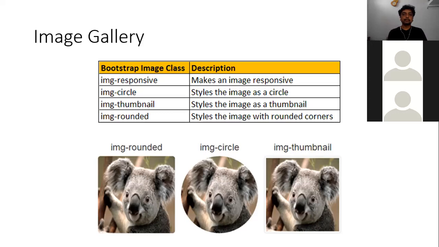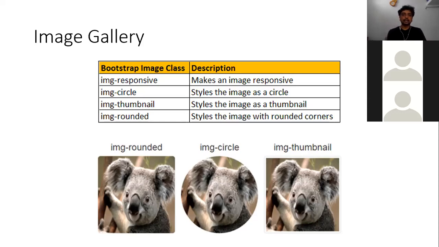If you don't make the image responsive, then image cropping will take place, the scroll bar is enabled, and we need to scroll to view the complete image. So it is better to go with image responsive.